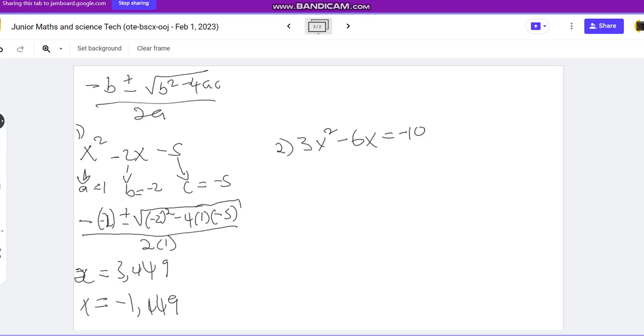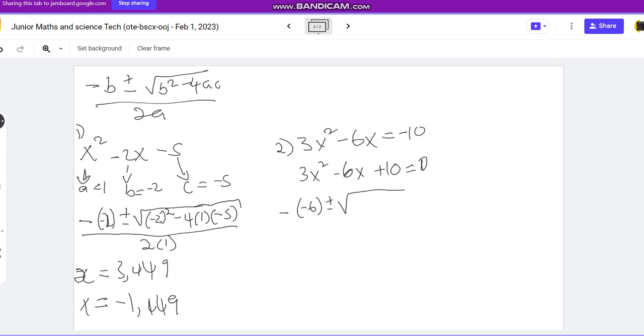Once you get something like this, what you need to do here is just to rewrite it in its form, like 3x squared minus 6x plus 10 is equals to 0. Then placing it on your formula, it will just be minus 6 and then plus or minus.